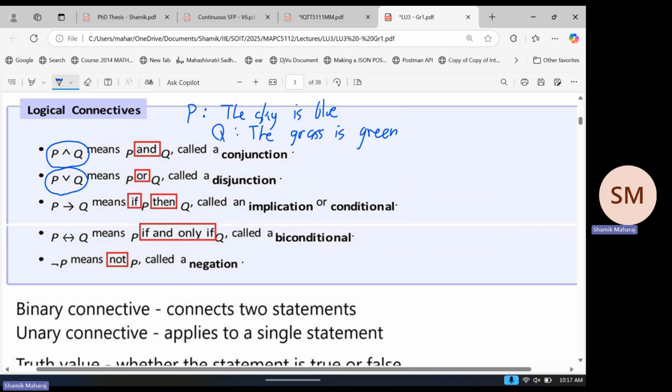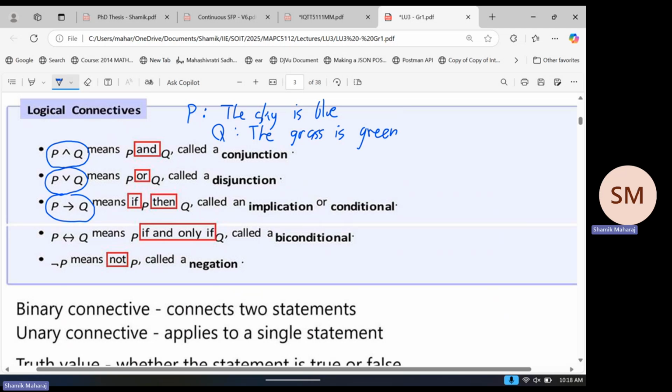Just things to remember, really. Okay, and this one is called a disjunction. So two statements combined with an or logical connective gives us the disjunction. That's the word.